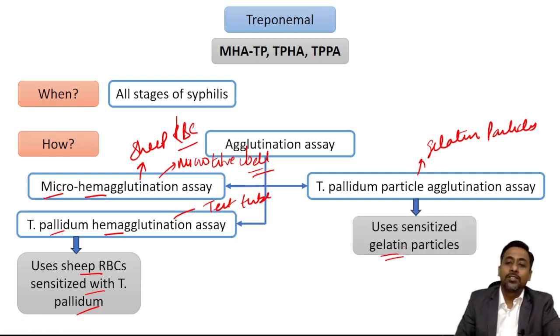So instead of sheep RBC, the gelatin particle is used, which is coated with the Treponema pallidum antigen.